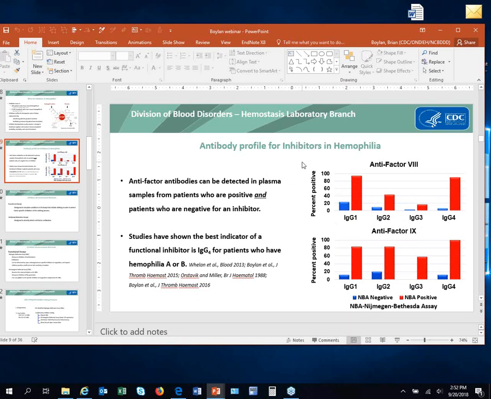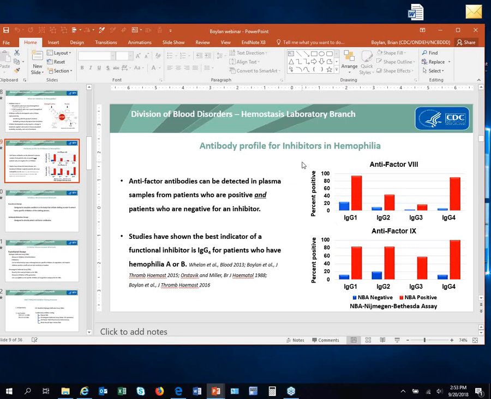So there's also a question asking if there's a relationship between genotype and IgG4 and IgG1 levels, or if that's been explored. This is really important. This question gets at a really broad topic, and that is how genotype influences inhibitor development.